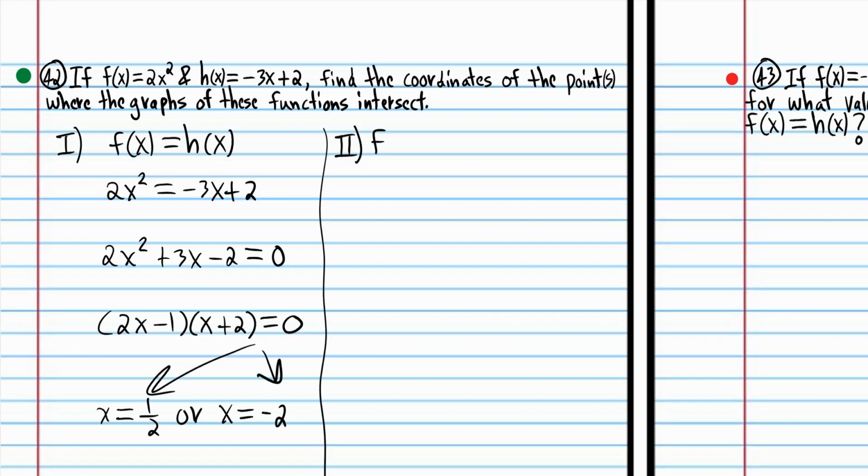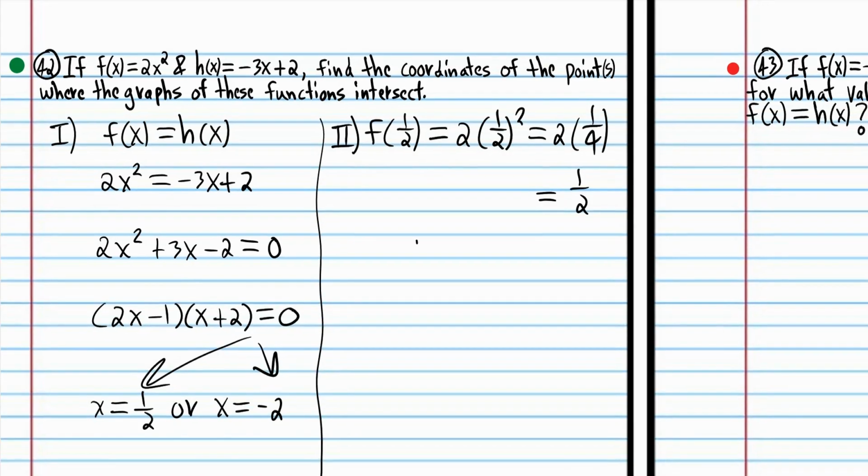So I'm going to use f this time. I'm going to plug in the x value to the function f, and we get 2 times 1/4, which is 1/2. So the corresponding point is 1/2, comma 1/2.